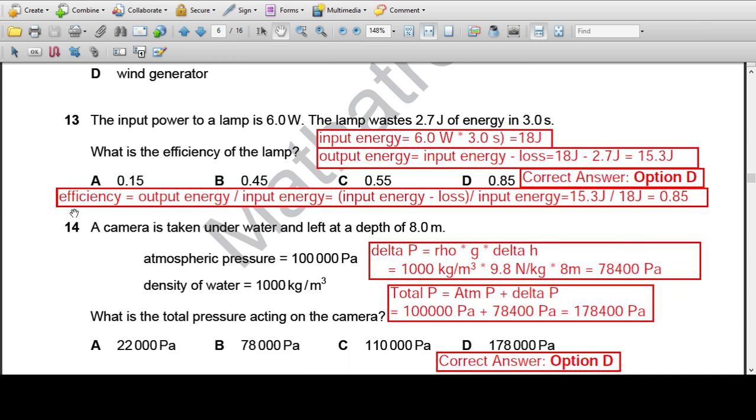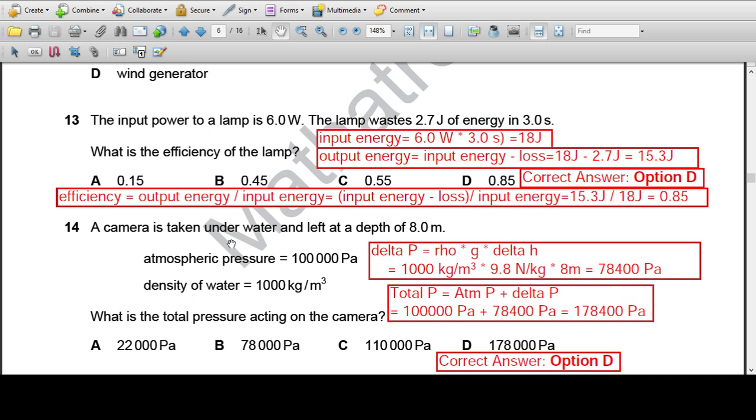Now question number 14. A camera is taken underwater and left at a depth of 8 meters. It is at 8 meters from the surface of the water, inside the water, at the 8-meter depth.